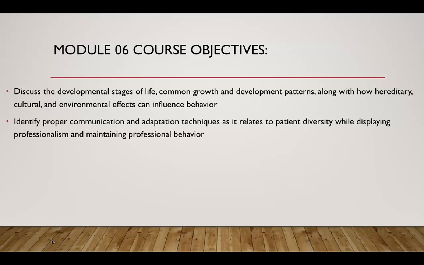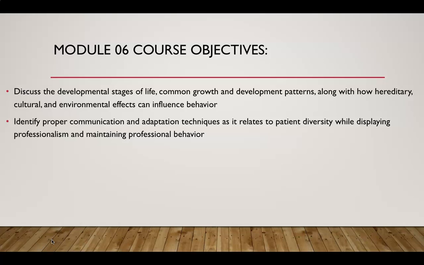We also want to identify proper communication and adaptation techniques as they relate to patient diversity while displaying professionalism and maintaining professional behavior. Now, this is both for your diversity course project, but also when we talk about pediatrics. We do not speak to pediatric patients the same way that we do adult patients.